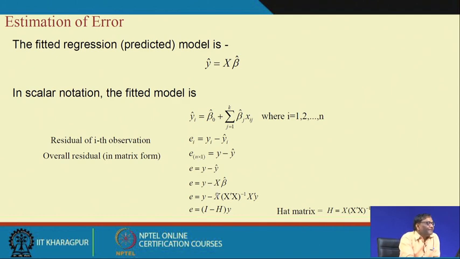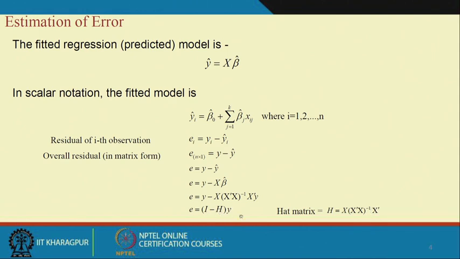If we do a certain level of manipulation for E, we will find that E equals (I minus H) times y, where H is X transpose X inverse X transpose.